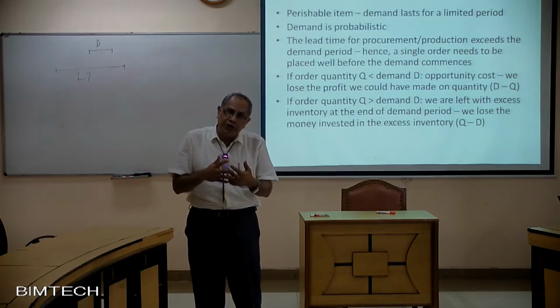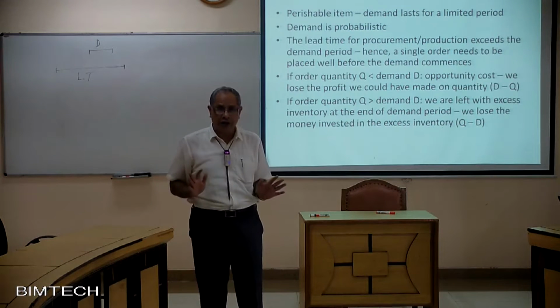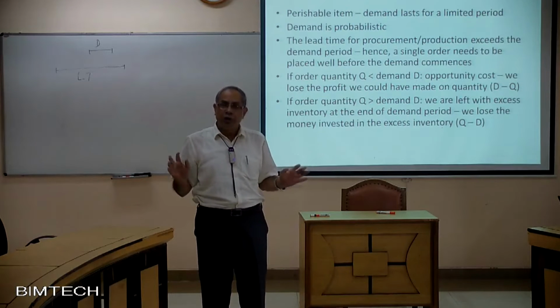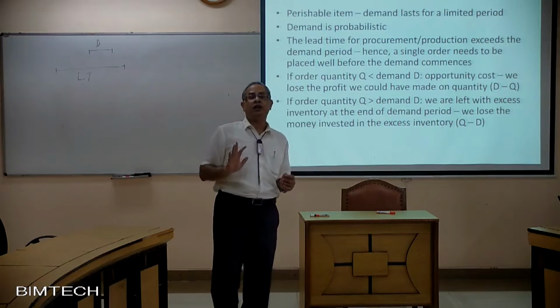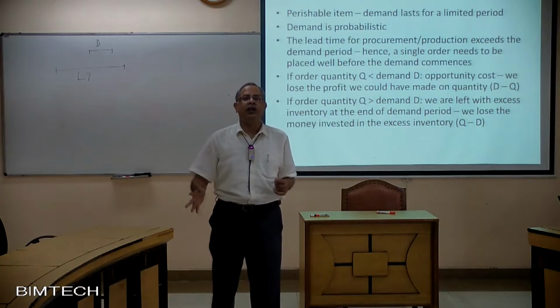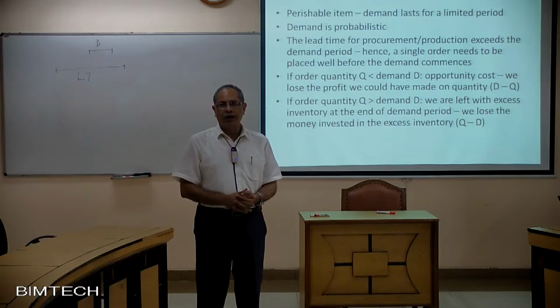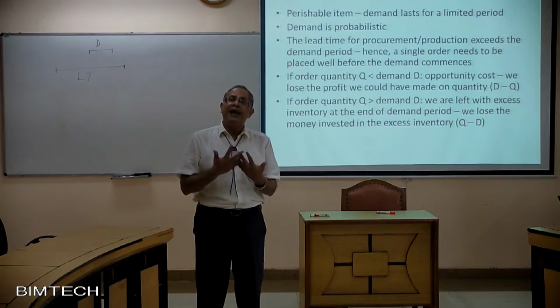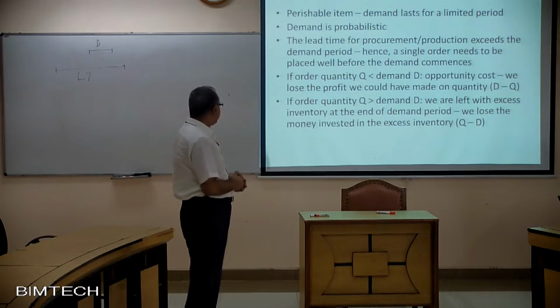Once the demand period starts and we want to modify our order, it is not possible to do that, because even if we modify that order, the modified order will reach us much later, much after the demand period has already ended. Okay, so that is the issue.